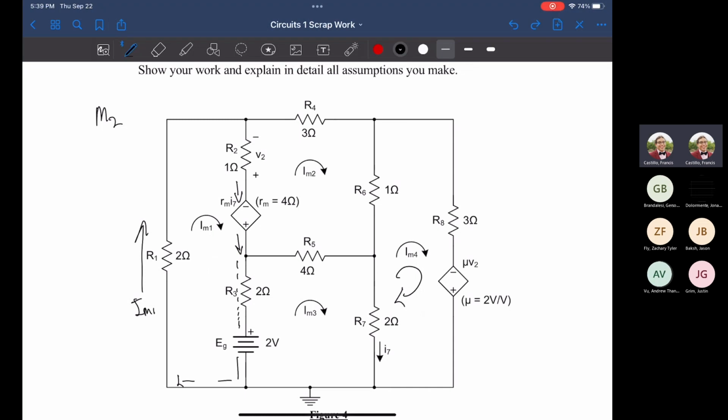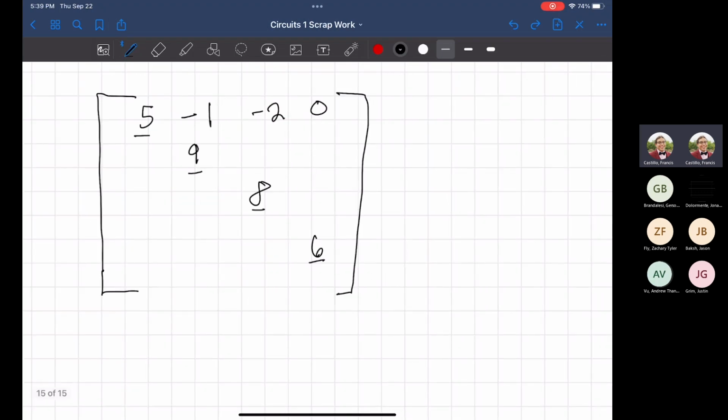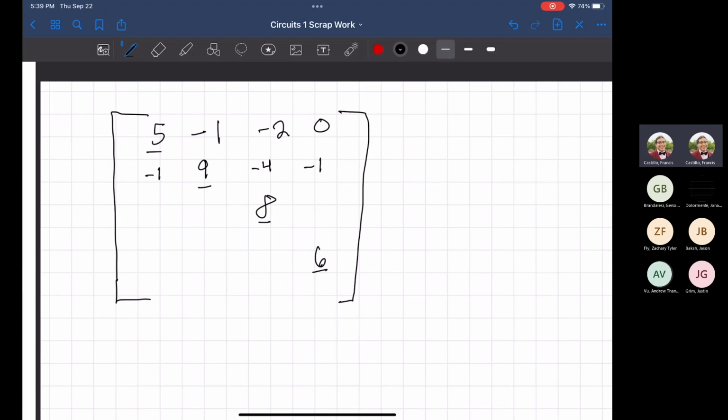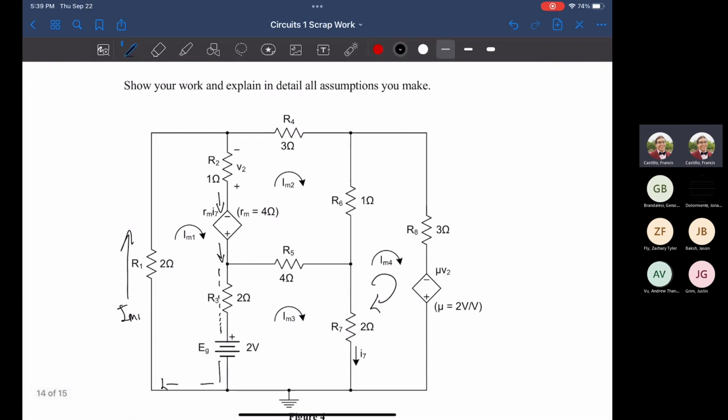And finally, between mesh 2 and 4, there's one being shared, R6. That's also going to be inputted as a difference. So let's go back and fill those in. So it's going to be -1 here, -4, and -1.